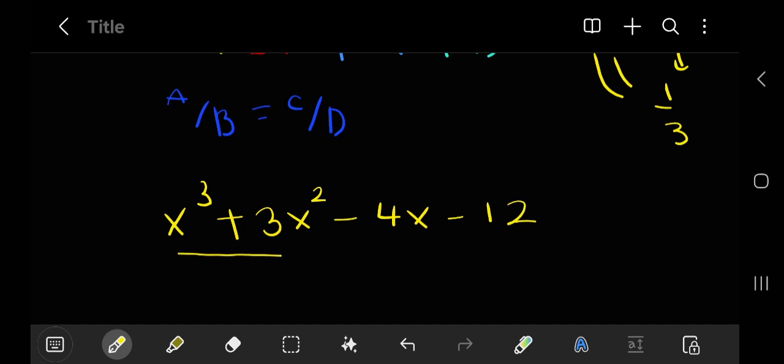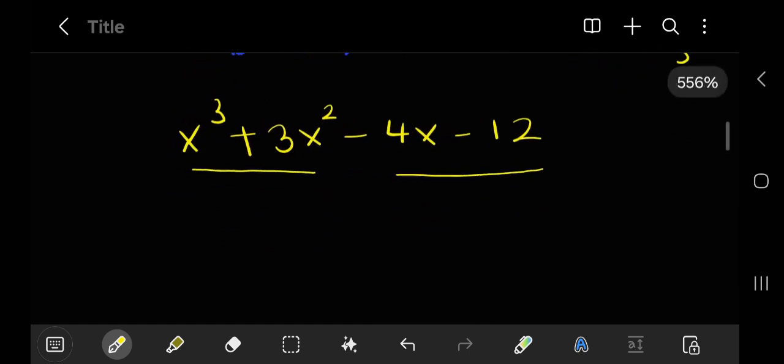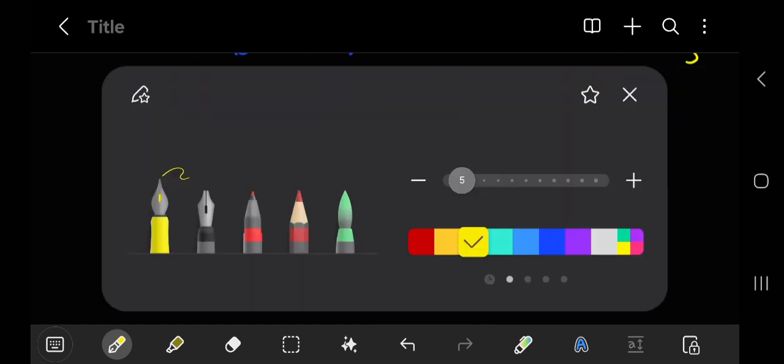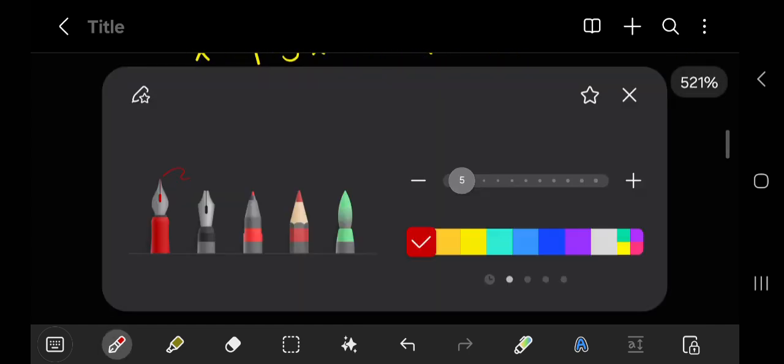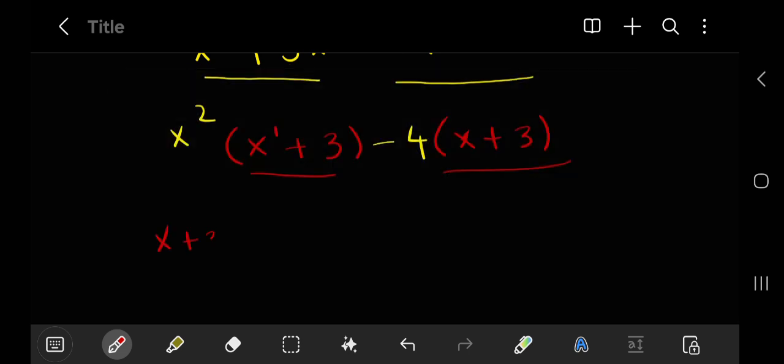From the first two terms, I can take x square common, leaving me x plus 3. In the next two terms, let's take minus 4 common, leaving me x plus 3. As you can see, x plus 3 and x plus 3 are common. So let's take those common, leaving me with x plus 3 into x square minus 4.